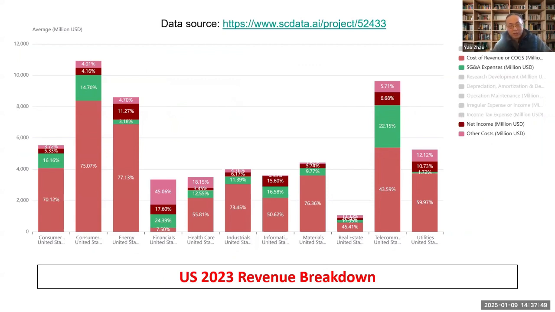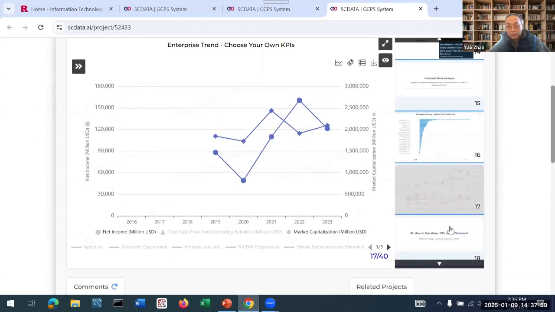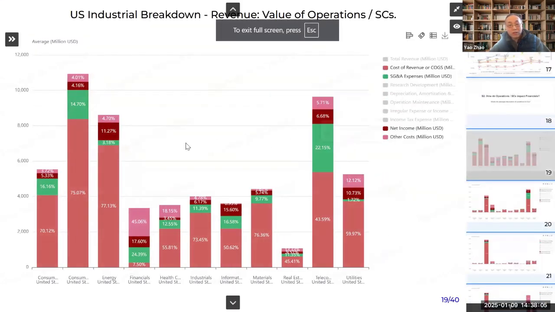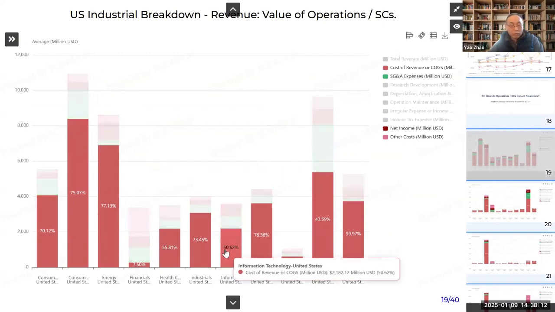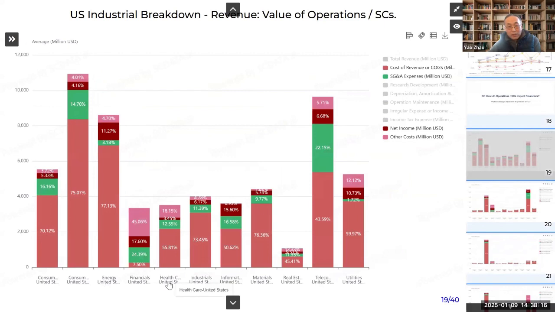Of course, this is case by case, depends on different industries. Here, I'd like to come back to my interactive chart so I can show you how important they are. So let me first use United States as an example. Essentially, I break down the average revenue of these 11 different industry sectors into their cost components.